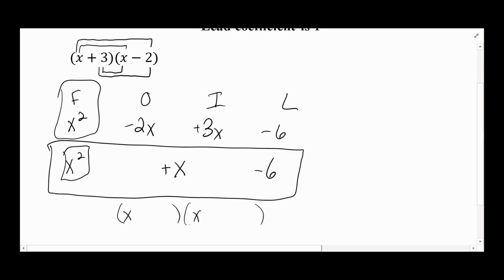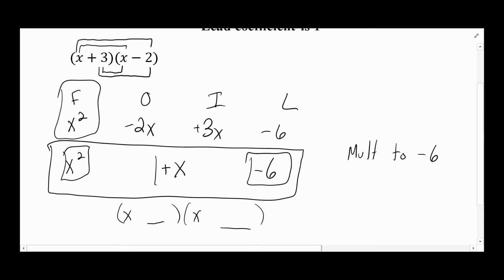And that's where I was saying earlier that the guess part is easier, because if our lead coefficient's 1, if we just have an x squared, it's always x and x. So then the next part of the guess would normally be to say, let's make sure that L is correct. So we would want to make sure that whatever goes in those blanks multiply to get us -6.